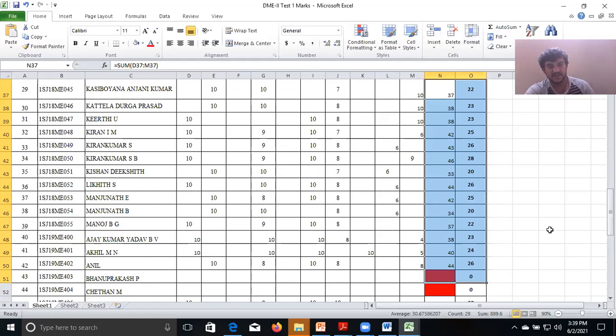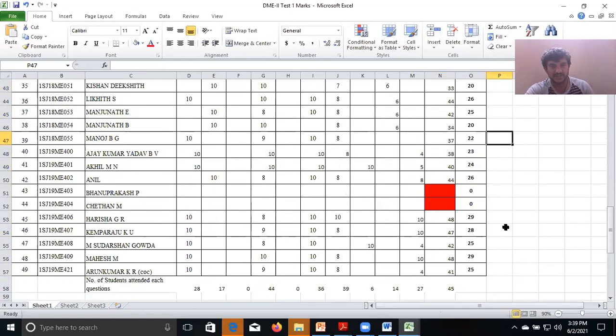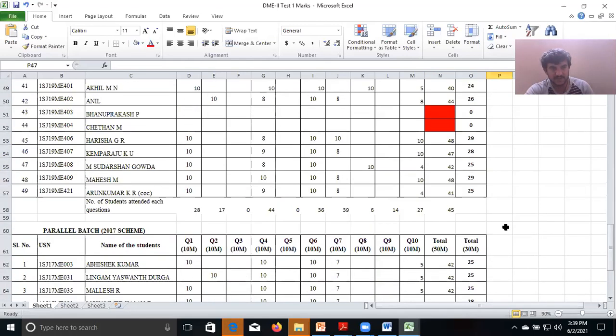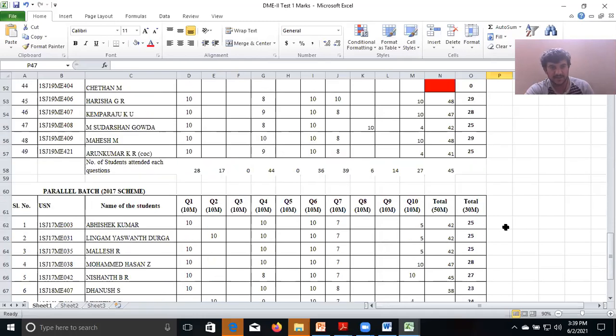Any doubt? Any clarifications? Scroll it, sir. From 19 batch 404, 405. At the same time, see the parallel batch also.